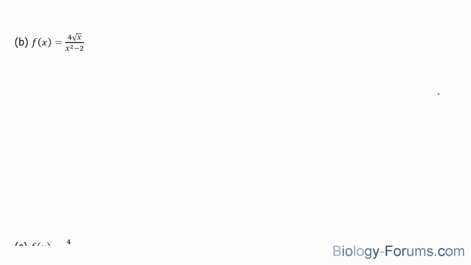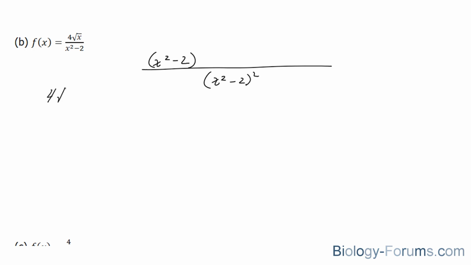This one's slightly more complicated because we are introducing a radical, but the same concept applies. We're going to start off by squaring that, and then we're going to take this, put it up here, and find the derivative of the top. The derivative of the top is equal to, now remember, 4 square root of x is the same thing as saying 4 times x to the power of 1 over 2.